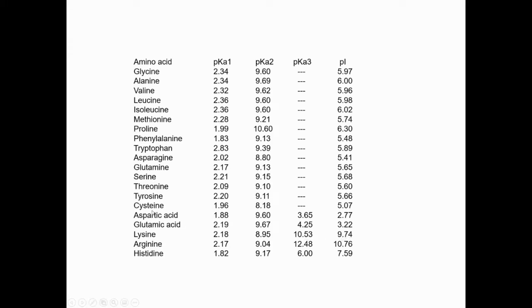For the negatively charged amino acids, you would take pK1 and pK3. So aspartic acid is 1.88 plus 3.65 divided by 2, which is 2.77, and glutamic acid is 2.19 plus 4.25 divided by 2, which is 3.22. So that's how you calculate the pI, the isoelectric point.